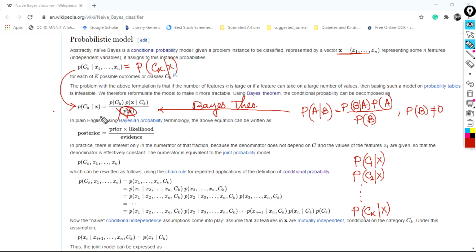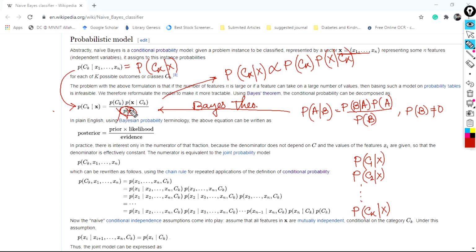If we neglect this, then the value is simply proportional to P of Ck times P of x given Ck.